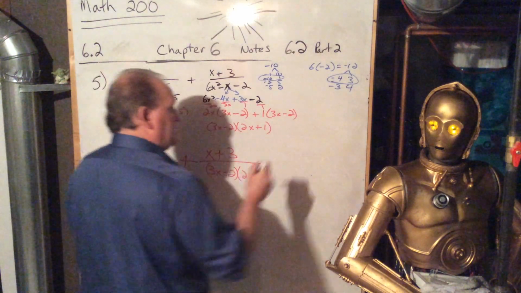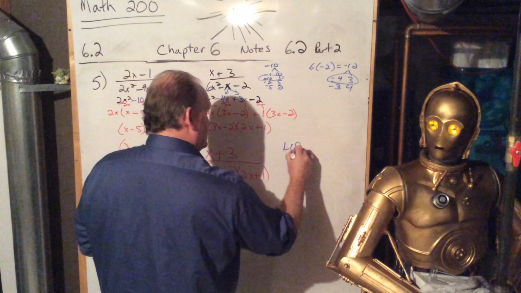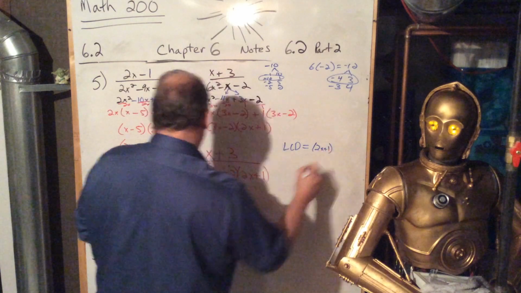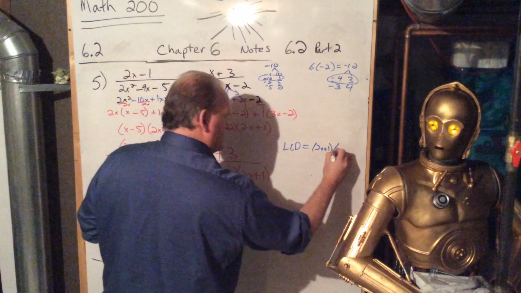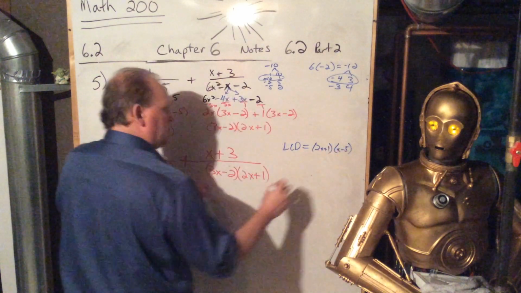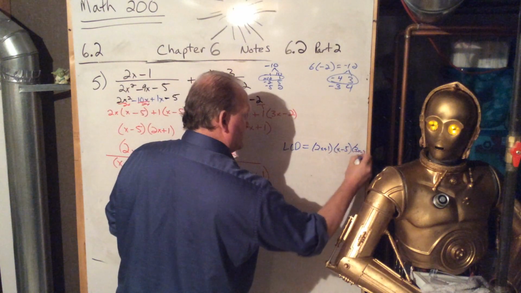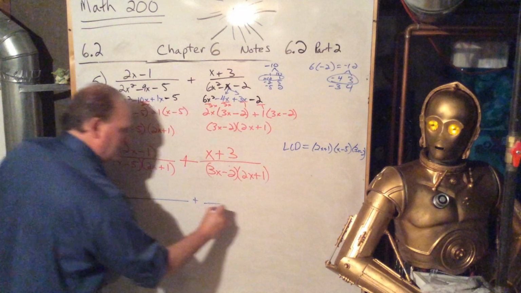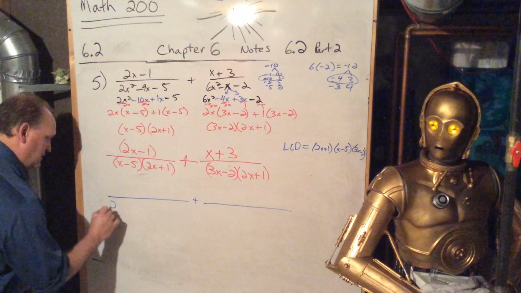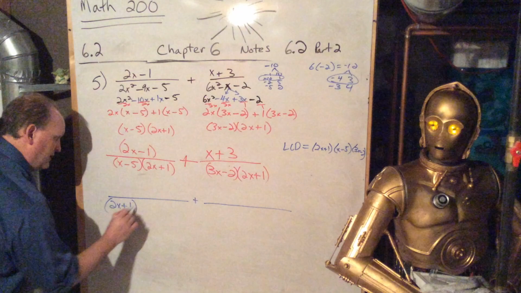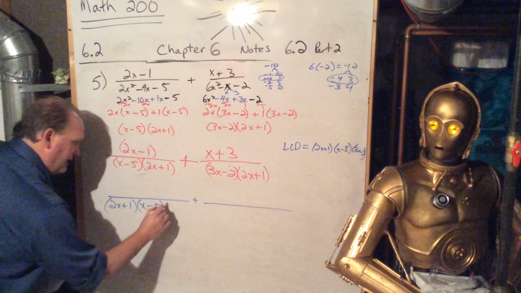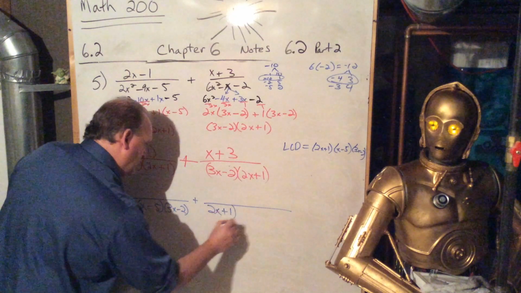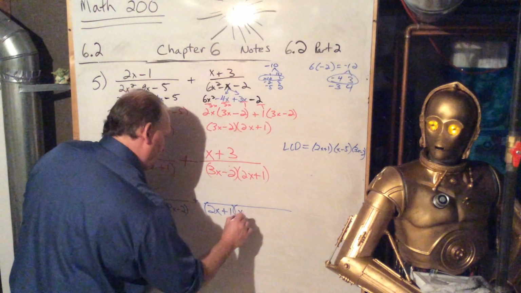So if we do the LCD, we take what they have in common, and then we take all the leftovers. So x minus 5 is a leftover, and 3x minus 2 is a leftover. So that is my LCD. So I want this to be 2x plus 1, x minus 5, 3x minus 2.